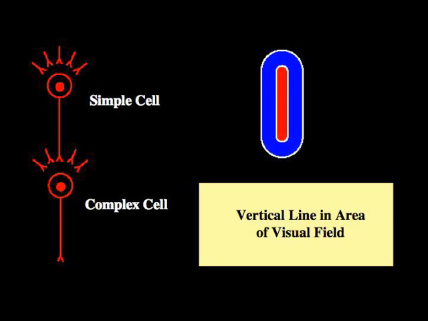We've got multiple concentric cells feeding into individual simple cells. One concentric cell does not feed into just one simple cell. One concentric cell may feed into many simple cells, and at the same time, one simple cell will be taking information from many concentric cells.